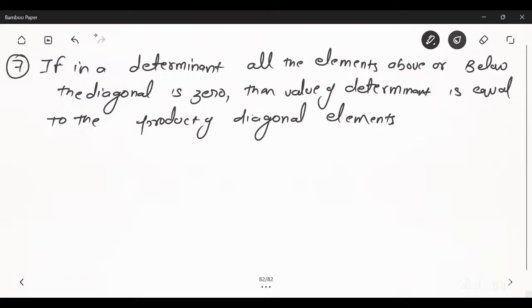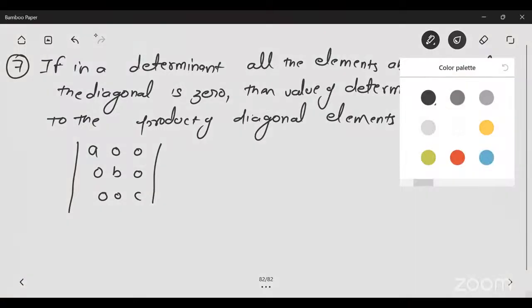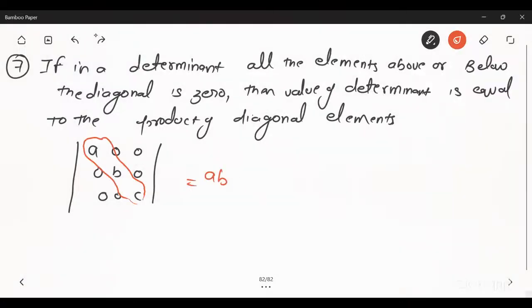If the determinant is like a 0 0, 0 b 0, 0 0 c, meaning only the diagonal has elements and the rest are 0, then the value of the determinant will be a into b into c. You multiply all the elements of the diagonal, so abc will be the value of that determinant.